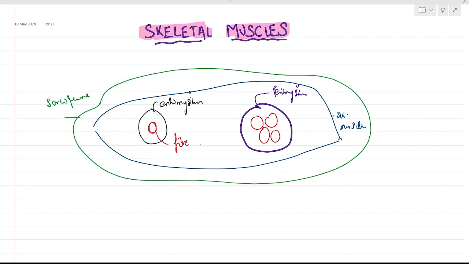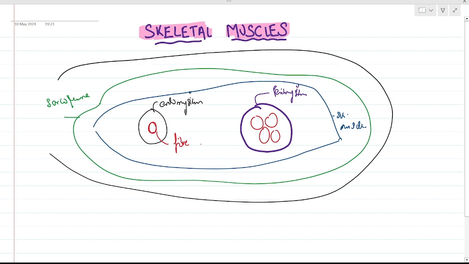All the sarcolemma covering the skeletal muscle, covering the perimysium and endomysium, is finally covered on the outside by this final layer called epimysium.